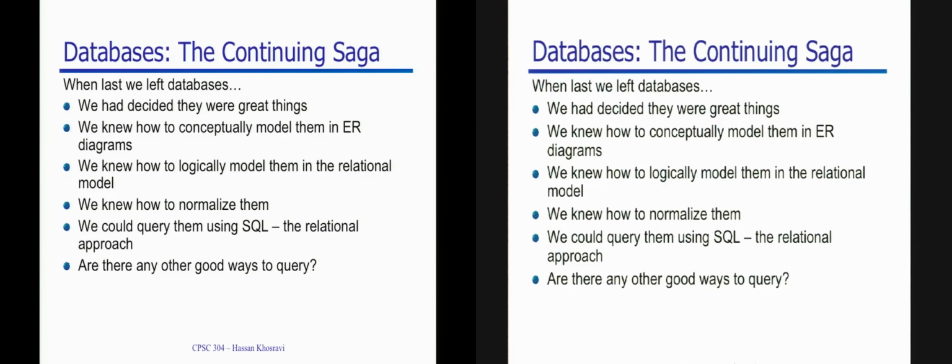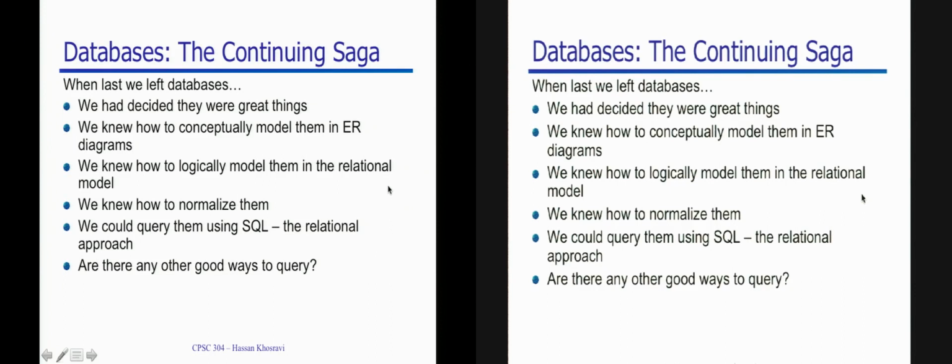Okay, when we last left databases, which was a few minutes ago, we had decided that there were great things. We knew how to conceptually model them in ER diagrams. We know how to logically model them in relational models. We know how to normalize them. And we could run SQL queries on them. We have learned a lot.